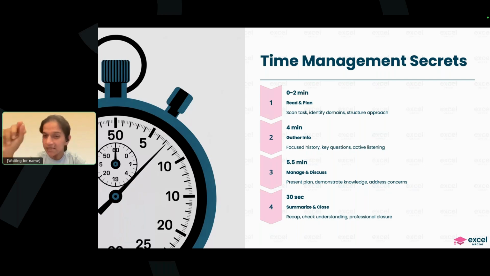And if there is something really striking, like the example I gave of aspirin with chronic hypertension, I will write that in big bold letters. In the 4 minutes, gather information. Now here there is a problem. When you ask for information, you're thinking, what next question, next question. In the bargain, you ignore what the patient tells you.